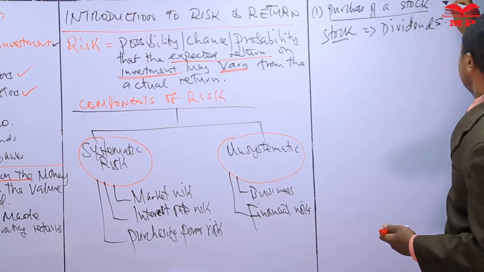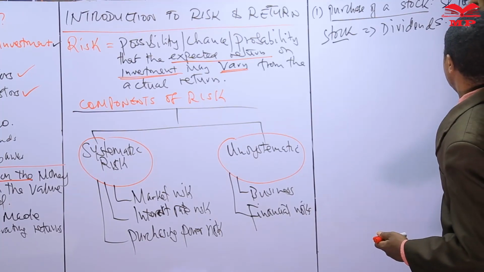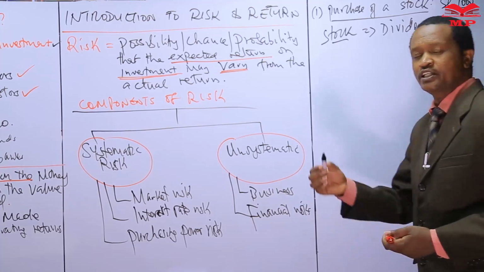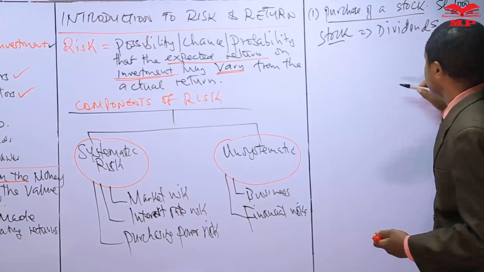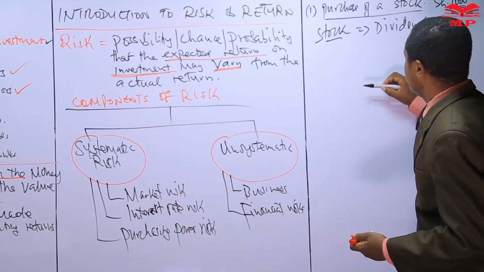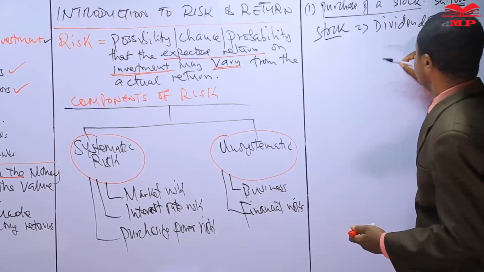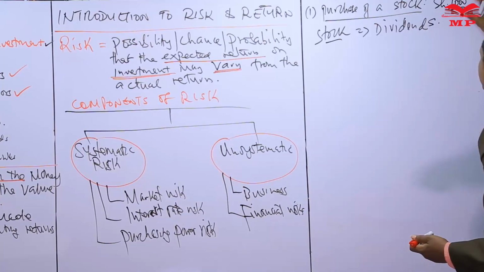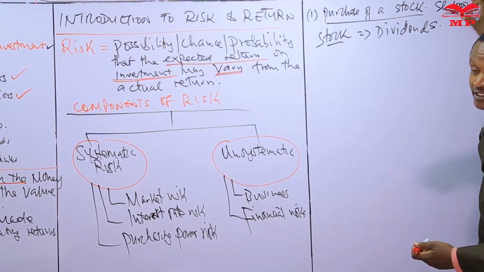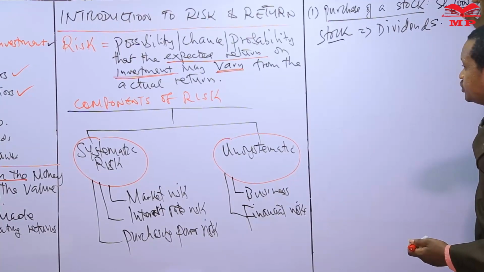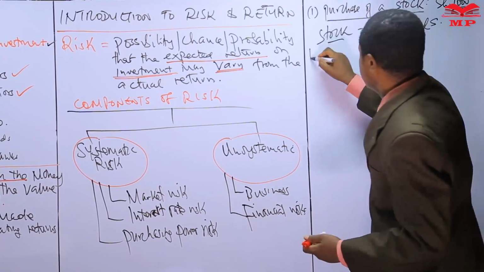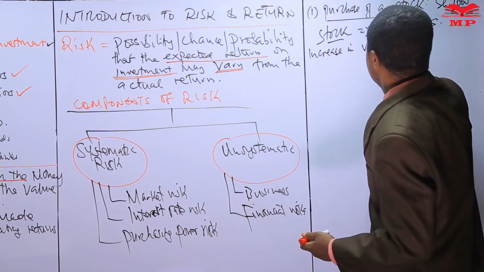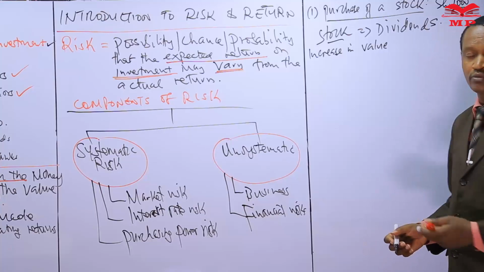For example, if this share is bought at 1,000 shillings per share, when investing in such an asset, the investor would wish to be paid dividends, number one, or to have this value increase by a certain percentage. So that is increase in value, or both.